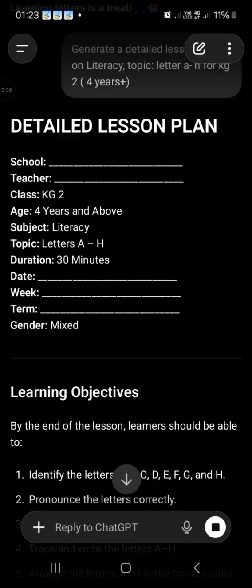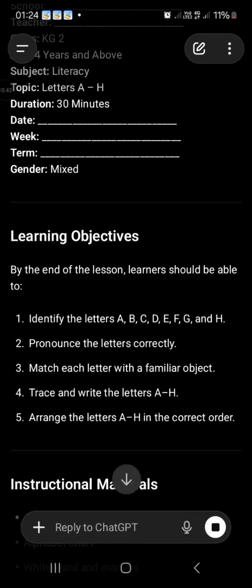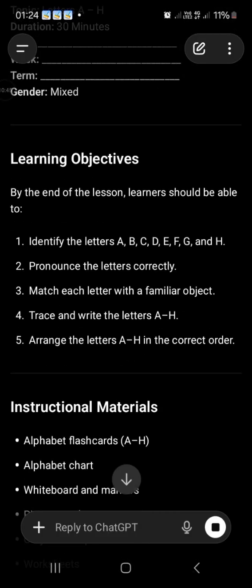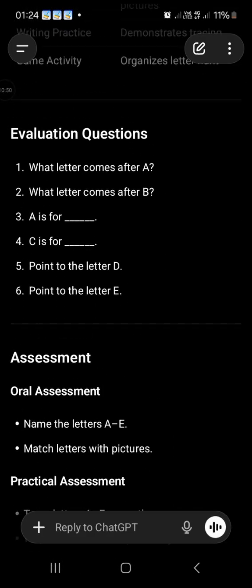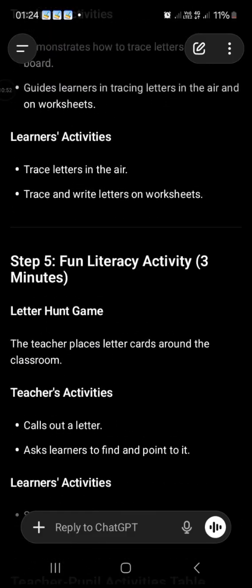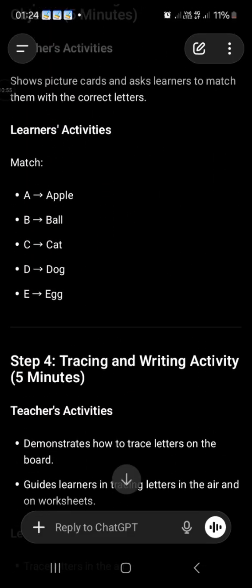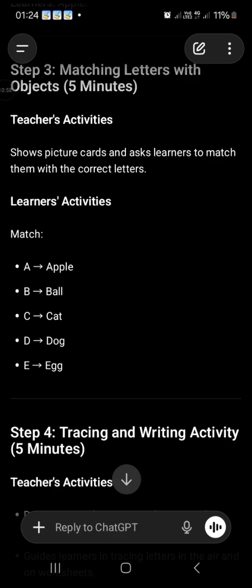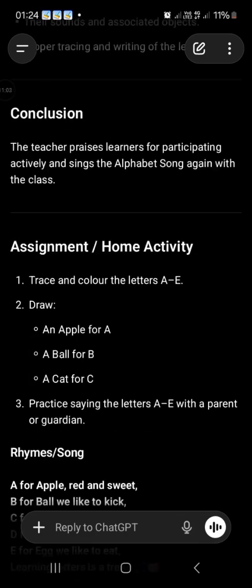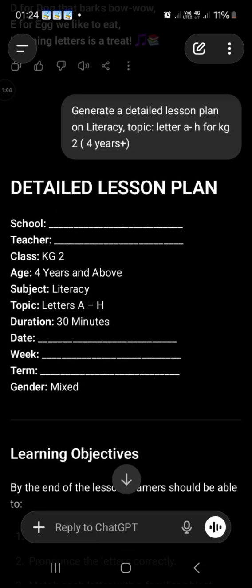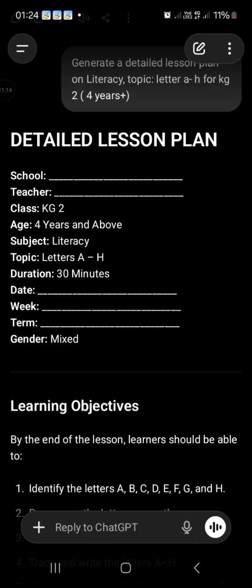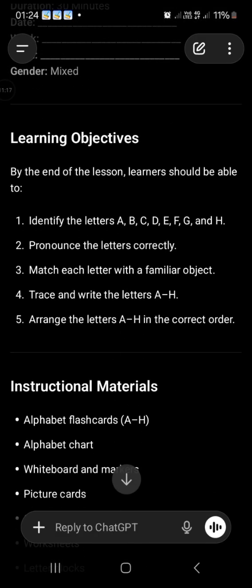So you can see detailed lesson notes. You can see a learning objective: by the end of the lesson, learners should be able to identify. And so when compared with the other one, in that particular one, I just told AI to generate a lesson plan on literacy. I didn't give it the topic, so it just assumed and gave me A to E. But in this one, I told AI to generate a lesson plan on literacy, then the topic, letter A to H for KG2, and you can see the different notes.